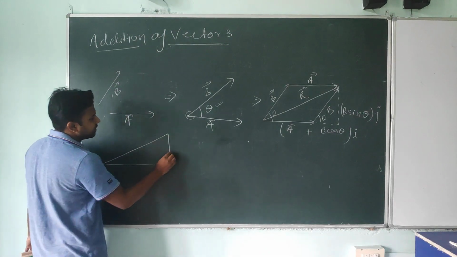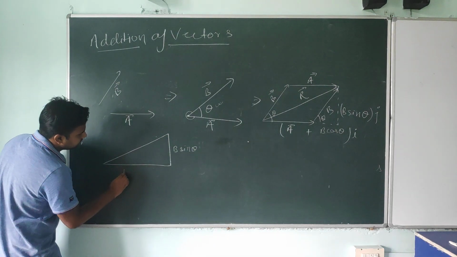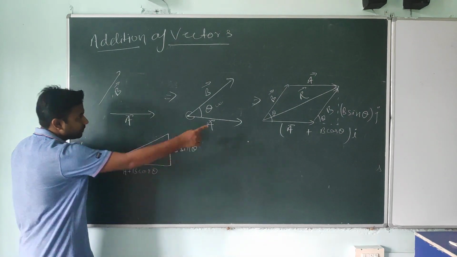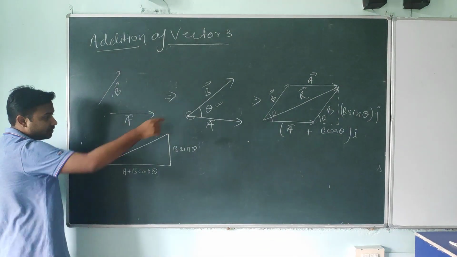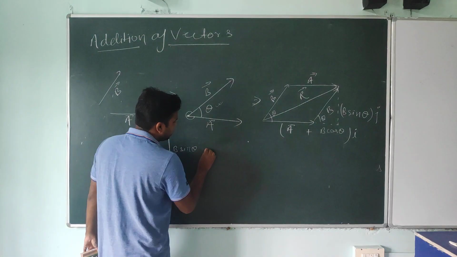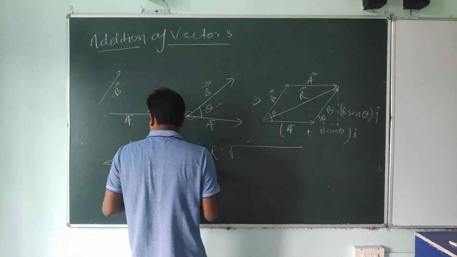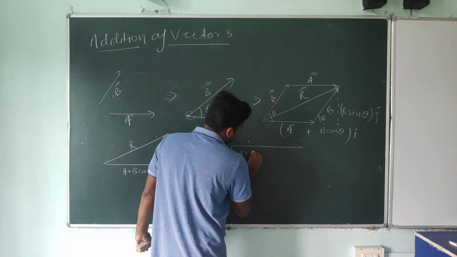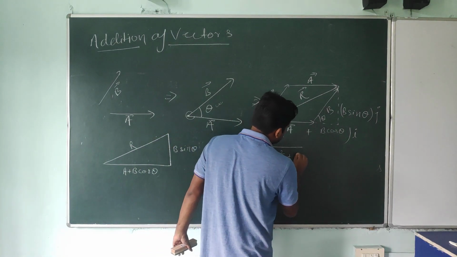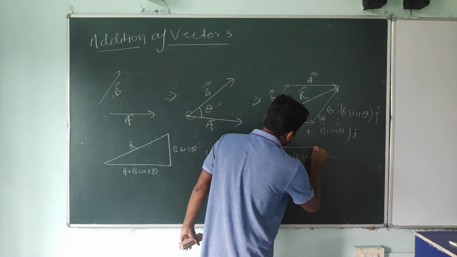Here I am just writing the magnitudes: B sin theta, and this one is A plus B cos theta, and this one is the resultant. Using Pythagoras you can say R equals root under (A plus B cos theta) whole square plus (B sin theta) whole square. Is it or not?